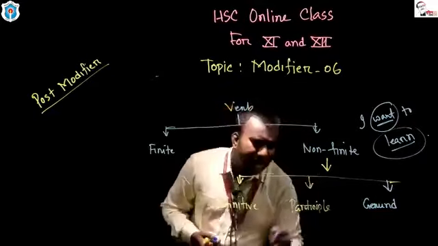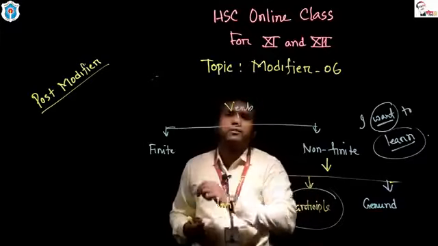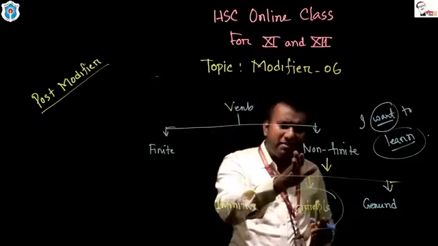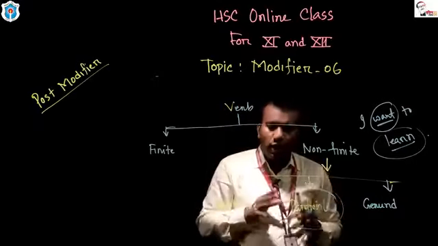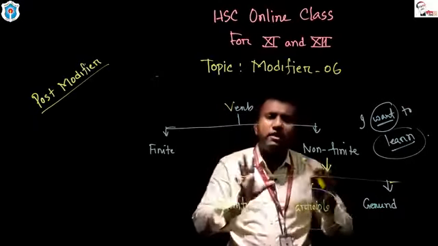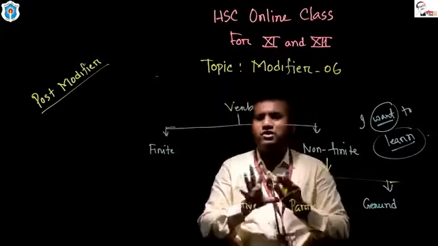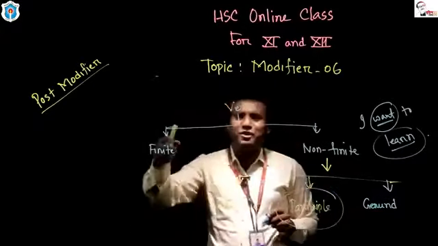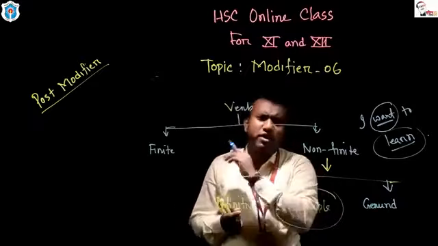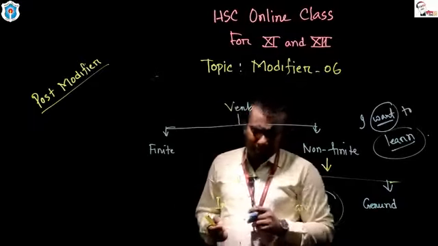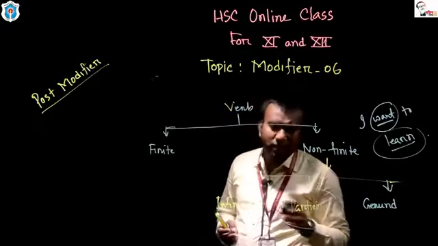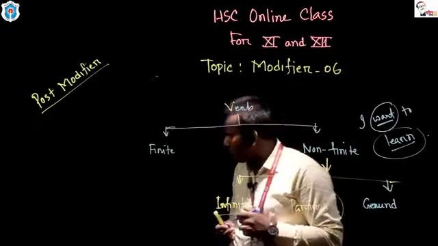Actually, our target of discussion is participle. But as I have classified non-finite verbs and as I have got 3 terms, I will clarify these 3 terms totally, because infinitive is very important in the modifier part. Infinitive is really important for modifier. But at first I will try to focus on participle.